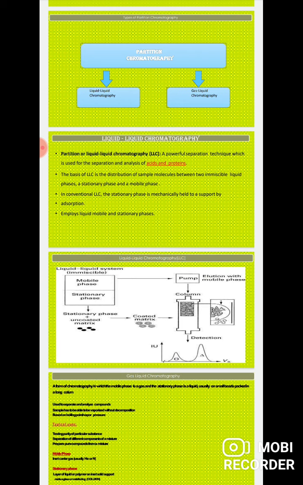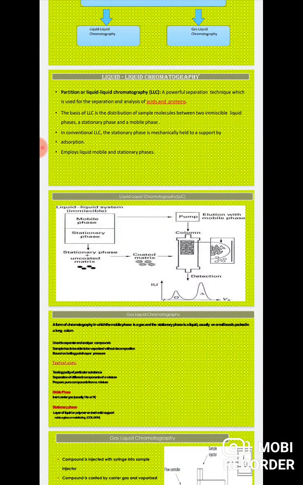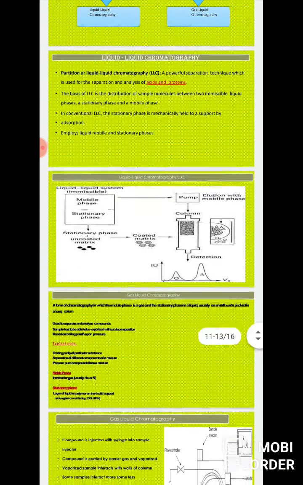Partition or liquid chromatography is a powerful separation technique which is used for the separation and analysis of amino acids and proteins. The basis of liquid chromatography is the distribution of sample molecules between two immiscible liquid phases, a stationary phase and a mobile phase. Whereas in conventional liquid chromatography the stationary phase is mechanically held to a support by adsorption, this employs a liquid mobile and stationary phase.